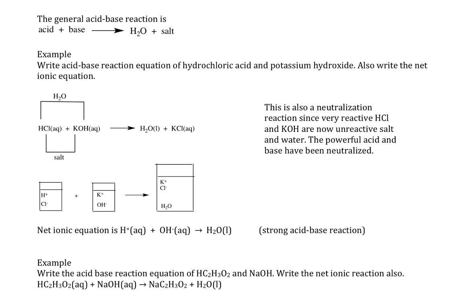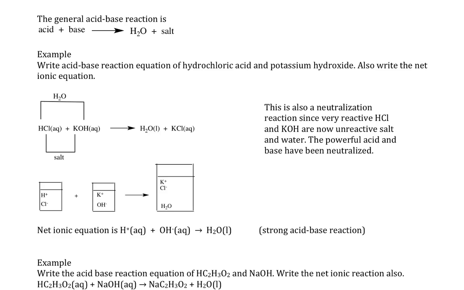Here's an example. Write the acid-base reaction equation of hydrochloric acid and potassium hydroxide. Also write the net ionic equation. Alrighty, so we have HCl aqueous plus KOH aqueous. As we did with the precipitation reactions, we're basically exchanging partners.